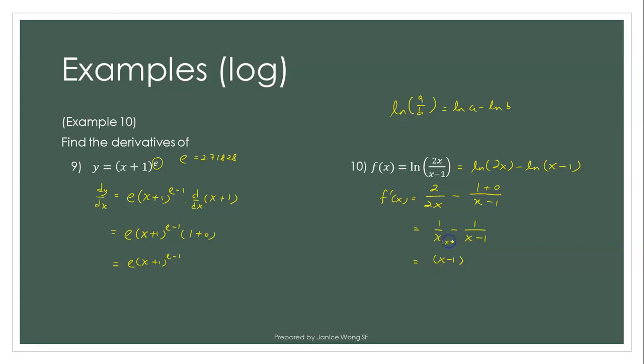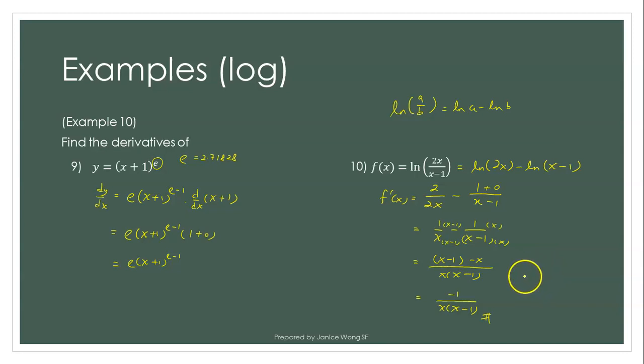For this one, we multiply by (x minus 1), and for this, we multiply by x. So (x minus 1) minus x over x(x minus 1). Overall, x minus x is gone, and we have negative 1 over x(x minus 1). This is the final answer.